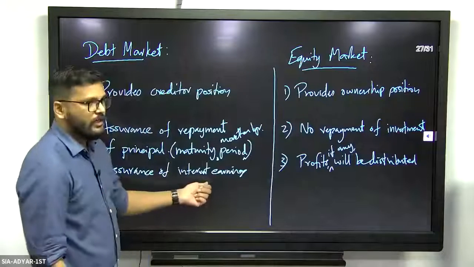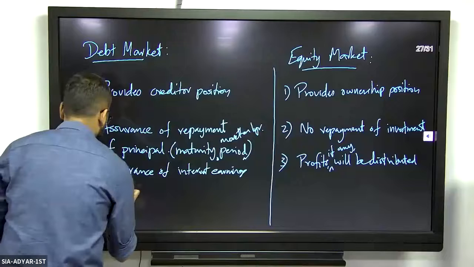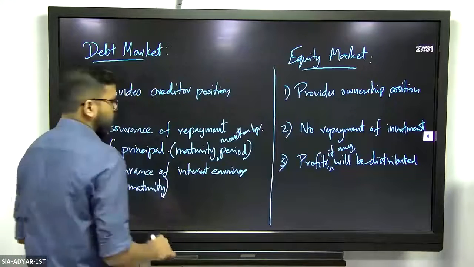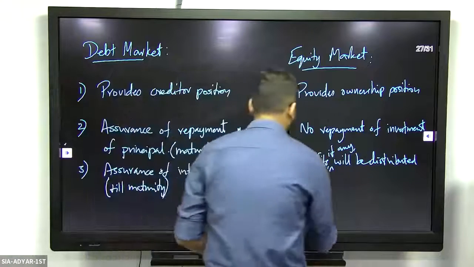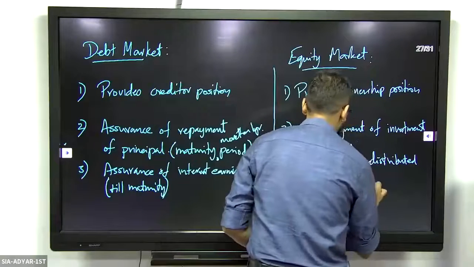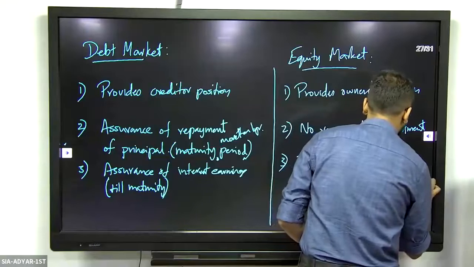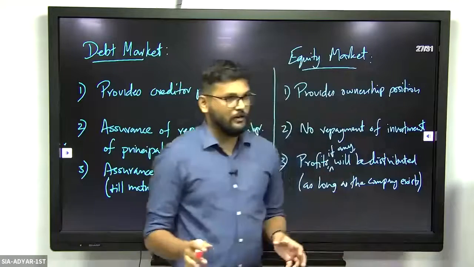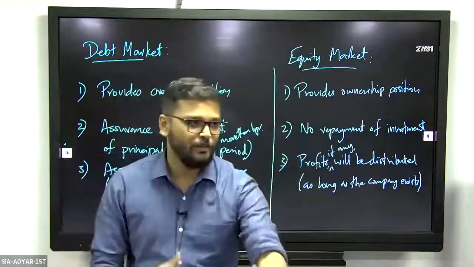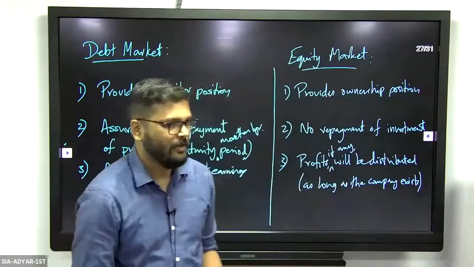So in the debt market, there is assurance of interest earning till maturity. But here, profits will be distributed as long as the company exists. Not as long as you are alive, because even when you pass away, you can pass on the instrument to some successor as an inheritance.